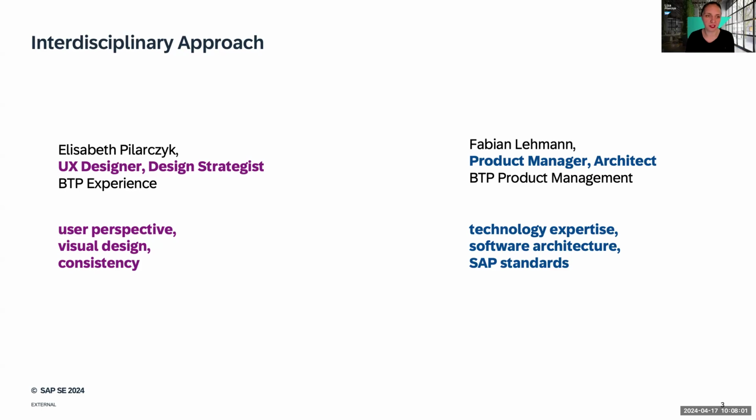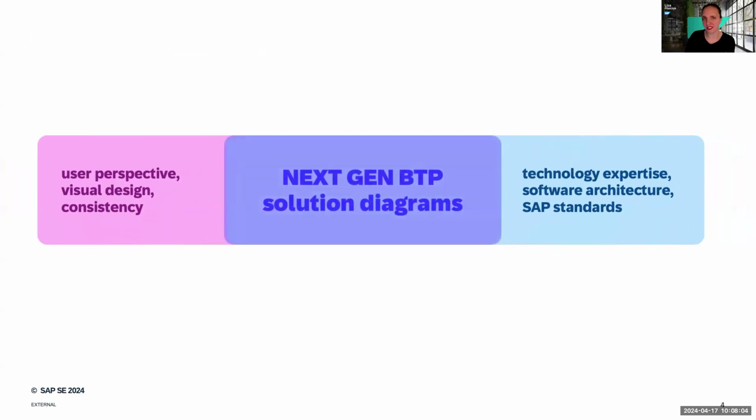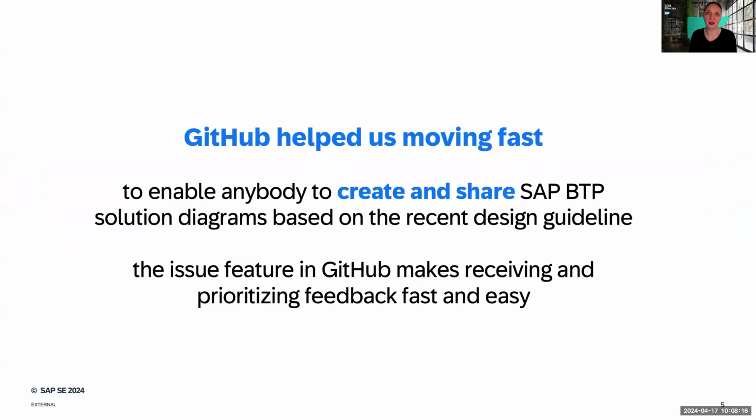So we come together and share this. And then we call this, at this point, next-gen BTP solution diagrams. And we got started at the beginning of this year, and we are working on this throughout this year, and hope to keep it up in a setup like that.